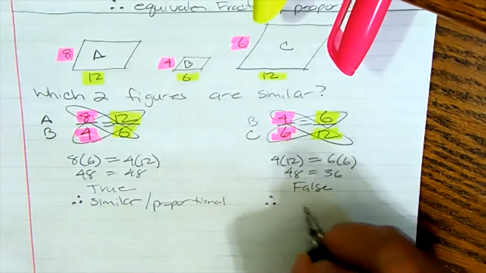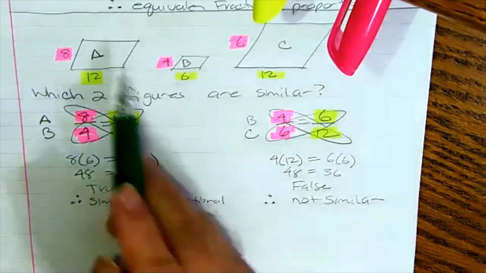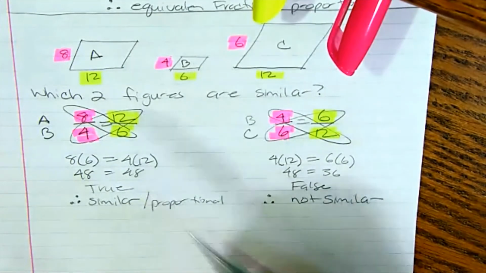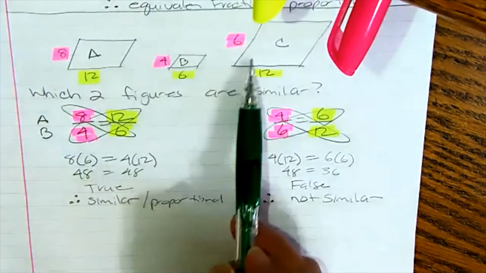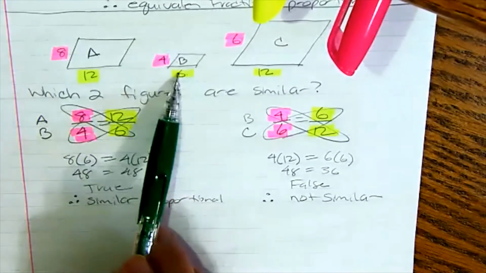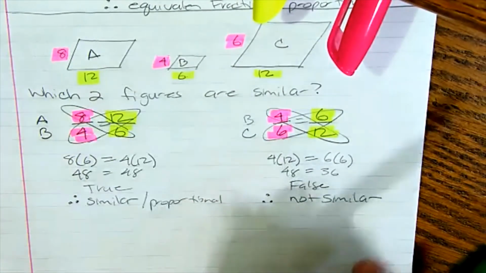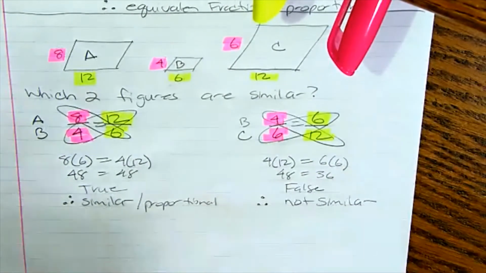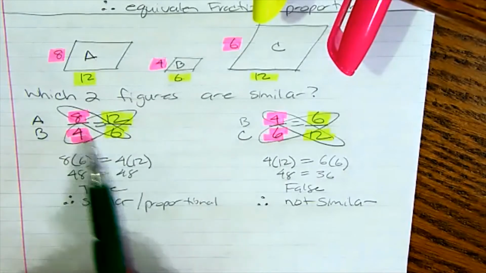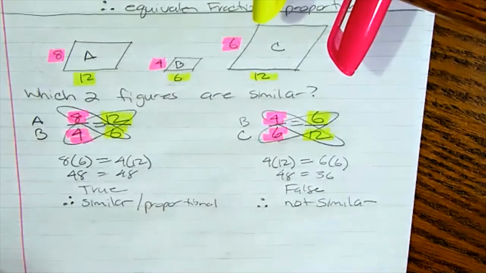Therefore, they are not similar. So A and B are similar. B and C are not similar. Therefore, A and C are not similar. If these are similar and this one is not, then this is not similar with either one. So we're using that idea of equivalent fractions and cross multiplying to determine if figures are similar.